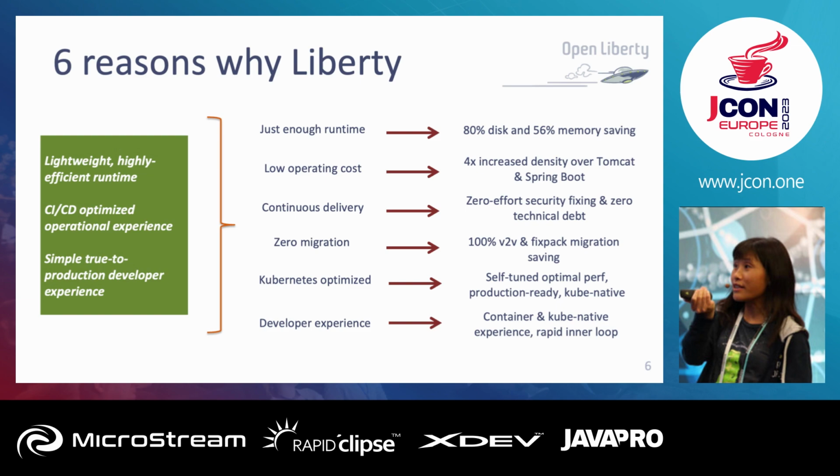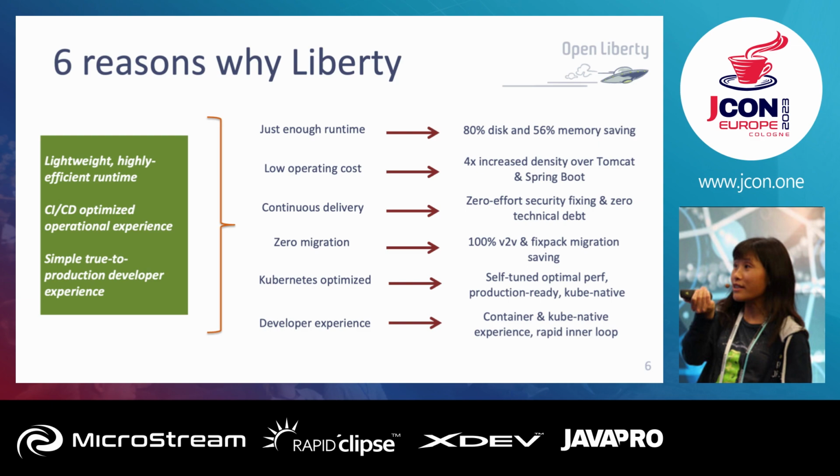And also zero migration. No other runtime offers this to you. Whenever there's a new release, you do not need to migrate your application. Your current application will continue running in the latest Liberty with no problem whatsoever, because we do not remove anything from the existing Liberty features.